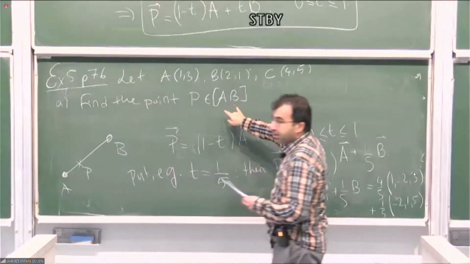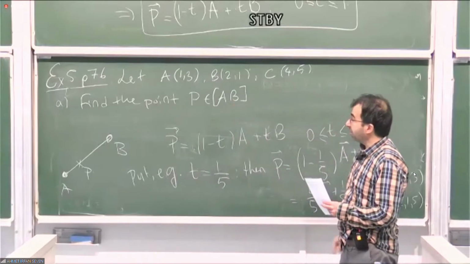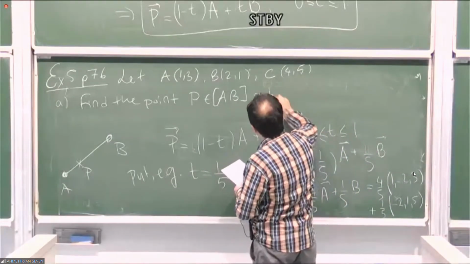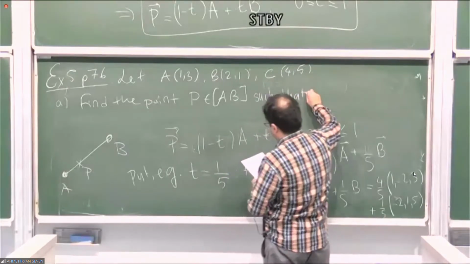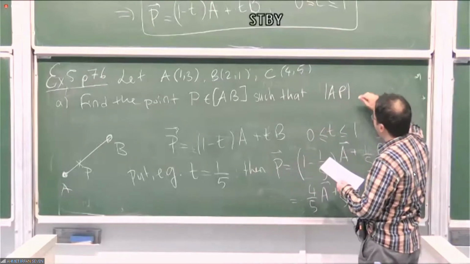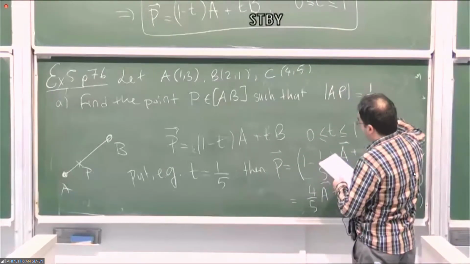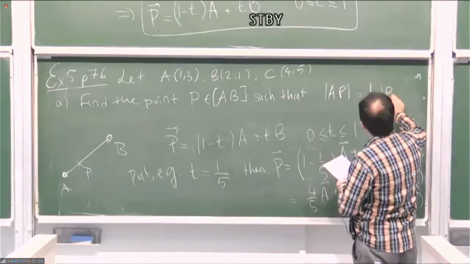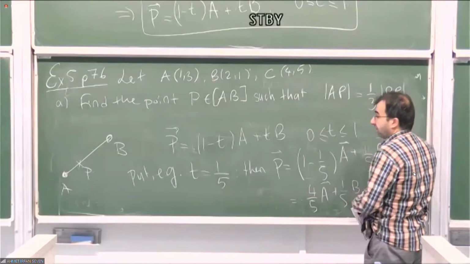By this, it means a line segment, the line segment between A and B, such that the distance between A and P, this notation, you may remember, will be equal to 1 over 3 times the distance between B and P.